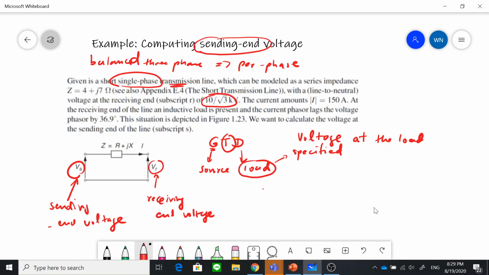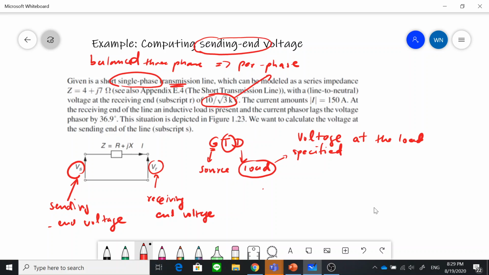So this is the circuit of the single phase representation. We just take one phase out of the three phase, and we analyze just a single phase. That's why you see we have the voltage at the receiving end as 10 divided by root 3 kV.